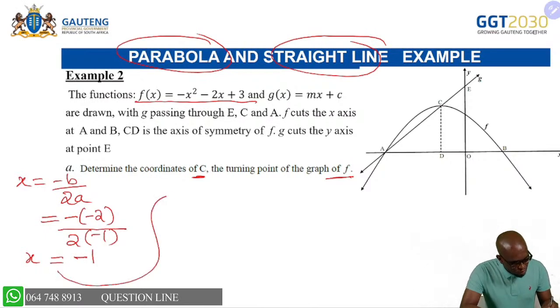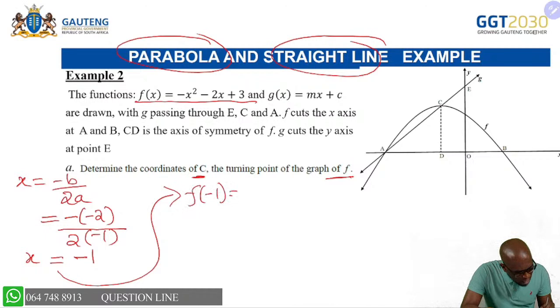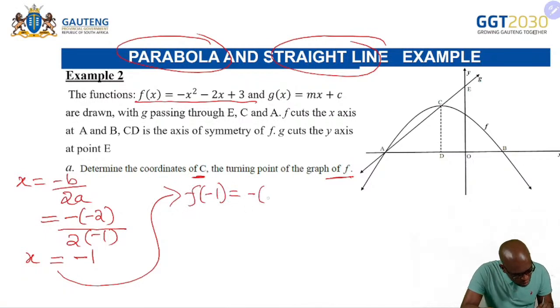And we know for us to get the y value, we're going to substitute minus 1 into the original equation. So f of minus 1 is minus 1 times minus 1 squared, minus 2 times minus 1, plus 3.